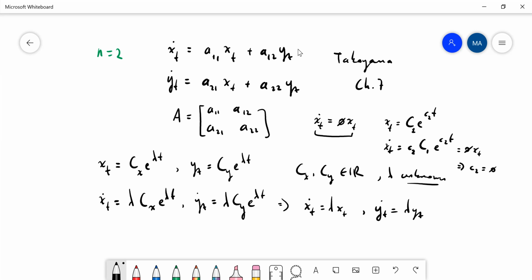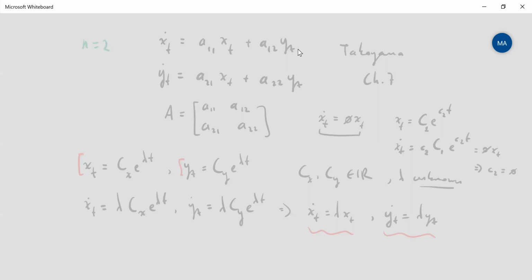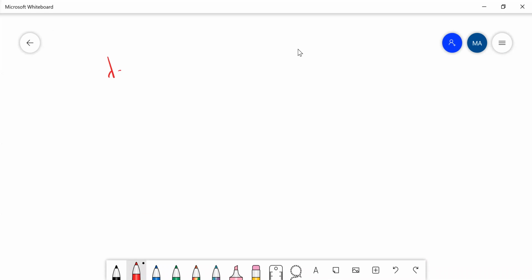If these are really the solutions, then I have something like that. Lambda xt equals a11 xt plus a12 yt, and lambda yt equals a21 xt plus a22 yt, right?